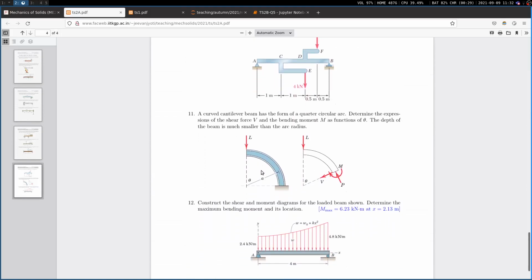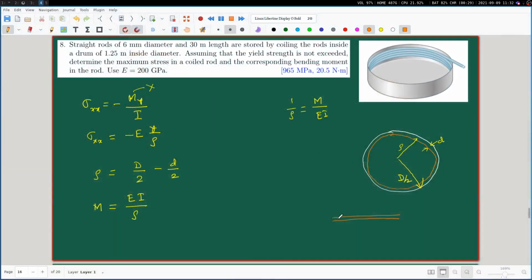Now you see, that was indeed a curved beam, because even if you remove the load, it is still a curved beam. But in the problem that we are doing now, without any load, this is a straight beam.